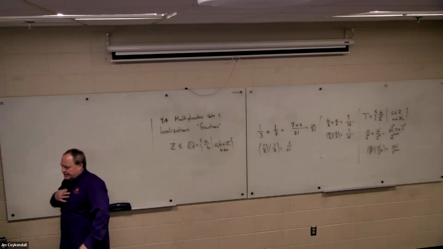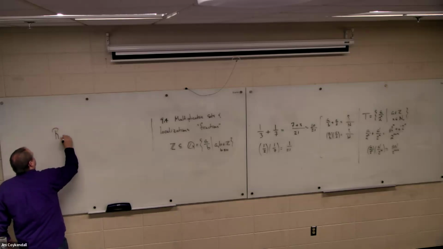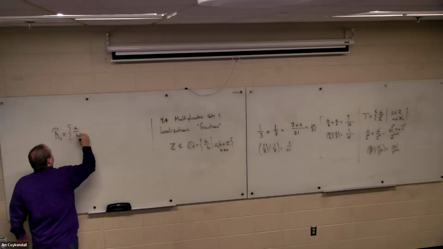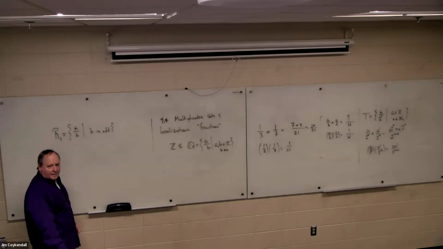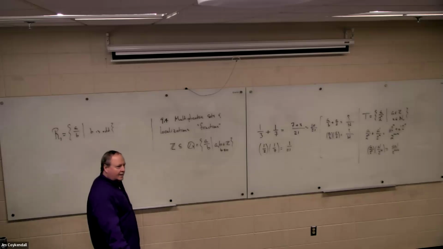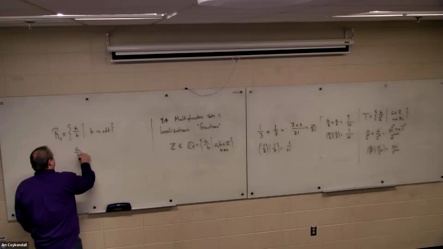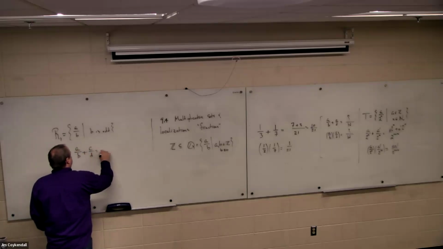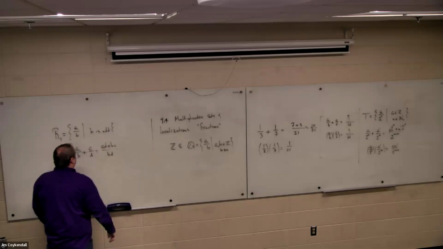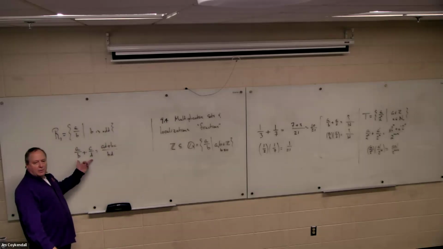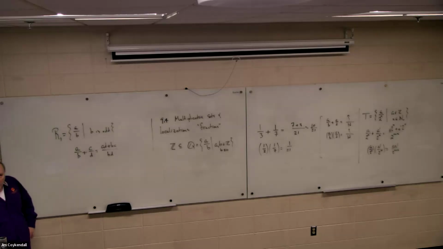Okay, what about this? Here's another ring. What about all fractions that have an odd denominator? So this is the way I'm used to adding fractions. If B and D are both odd, what can you say about BD? It's also odd.